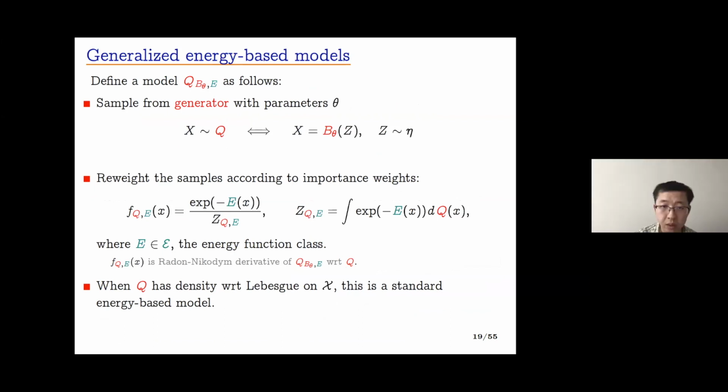I see, and Q sub E, okay, so that is... Yeah, Q sub E is where I take my original generator Q, and then I modify it with E. Ah, okay, I see. Yeah. So this is all with respect to this measure of low support. So this is all fine. Okay. Cool. Thank you.